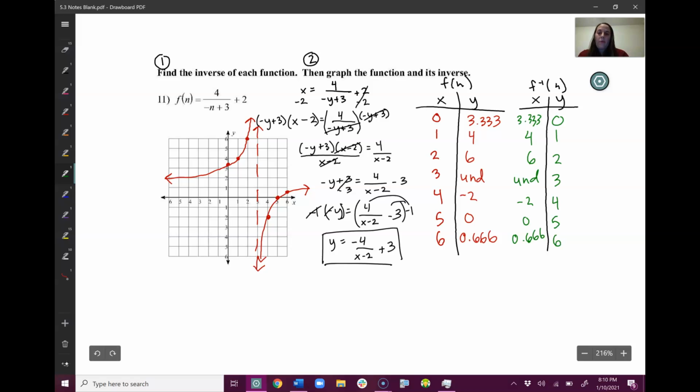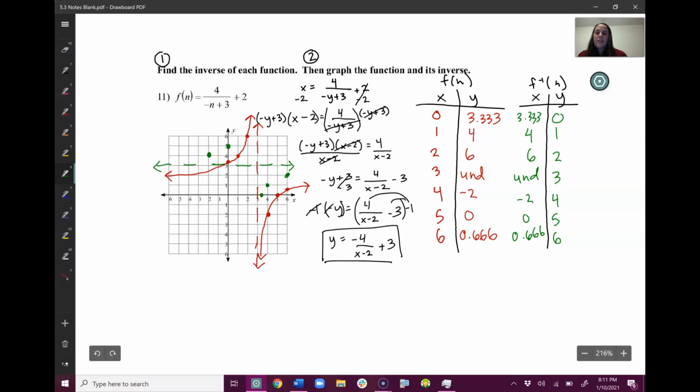So I've got 3.333, 0, 4, 1, 6, comma 2. 3 is undefined, but now it's a y value that's undefined, not an x value, so it's going to go that way. And then I've got negative 2, comma 4, 0, comma 5, and 0.66, comma 6.